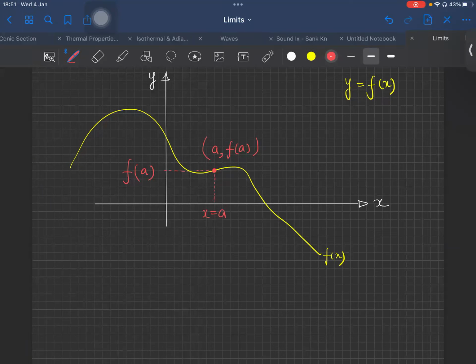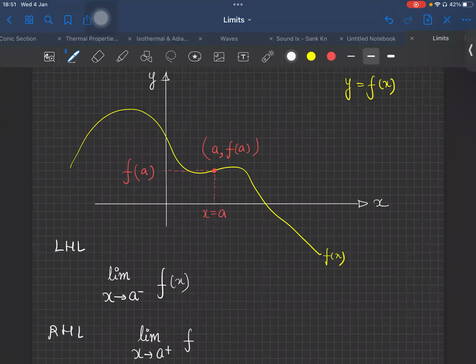Now, when we are talking about limits, the left hand limit means the value is not a but approaching a. The left hand limit you will write as limit x tends to a minus of f of x. The right hand limit you will write as limit x tends to a plus of f of x.